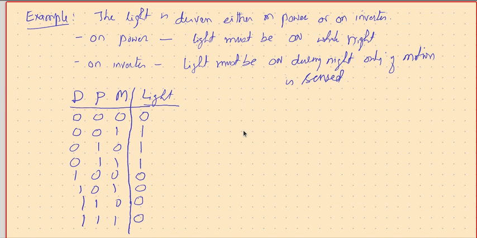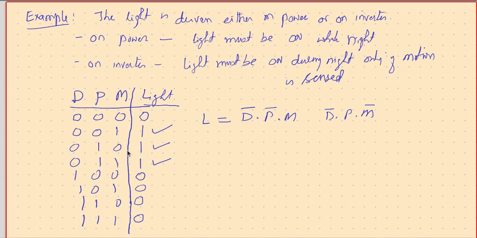Done. Now the light should be on for this condition, or this condition, or this condition. What is the first condition? It says day should be false, power should be false and motion should be true. Next condition: day should be false, power should be true and motion is false.